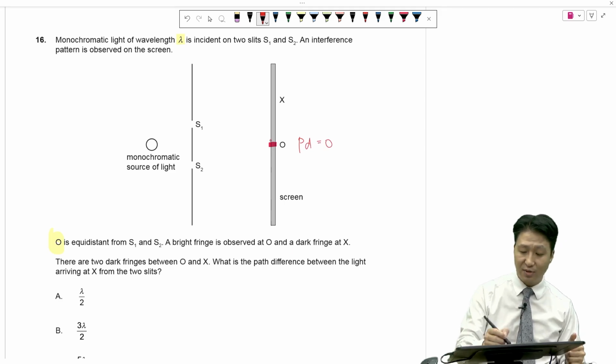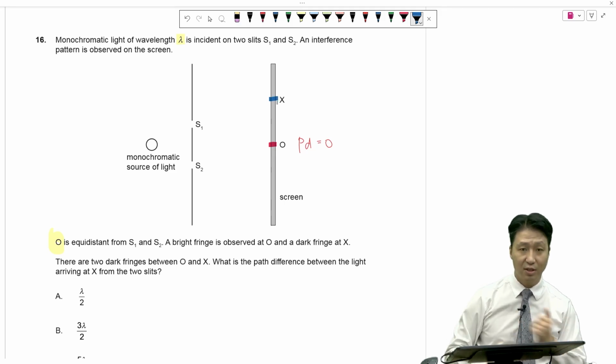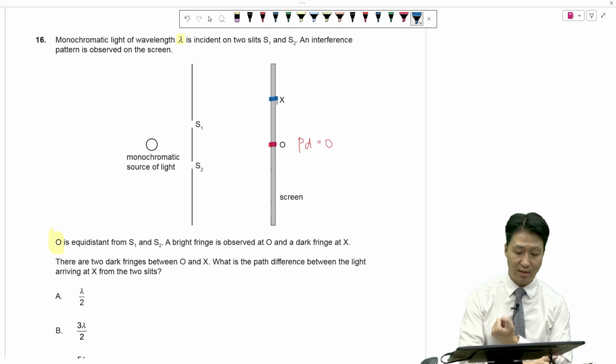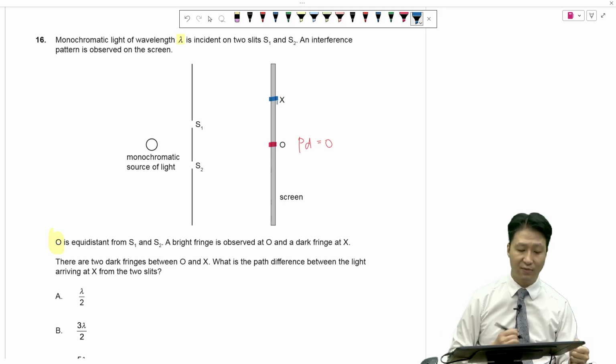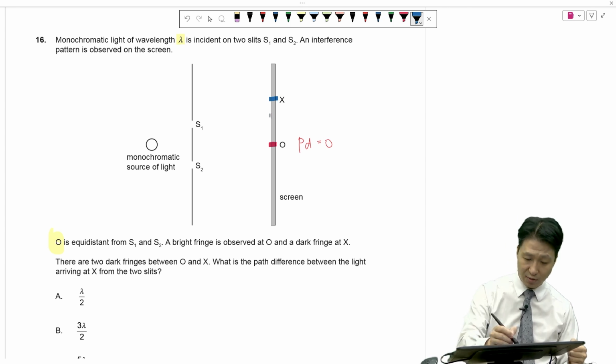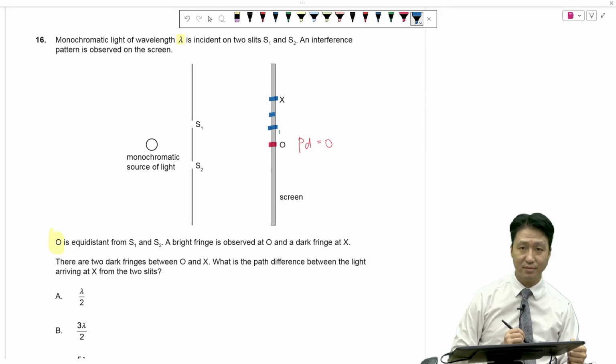A bright fringe is observed at O, yes, because it's constructive, and a dark fringe is observed at X. At X, we're going to put blue. Because it's a dark fringe, that must be destructive interference. It also says there are two dark fringes between O and X. So we will also draw two more dark fringes between O and X.